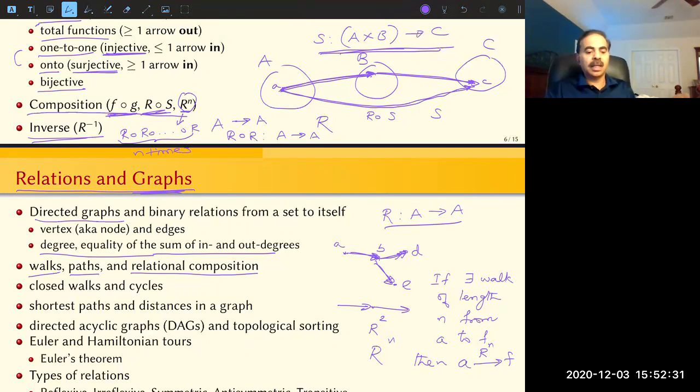So that's the relationship between walks and relational composition.